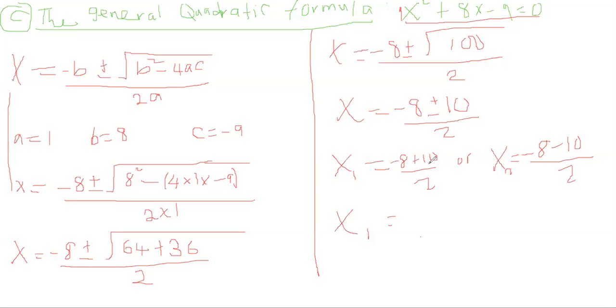So x1 equals minus 8 plus 10, which will give us minus 18. Let me not skip any steps. We have different maths backgrounds. Sorry, this should give us 2 rather, not 18.